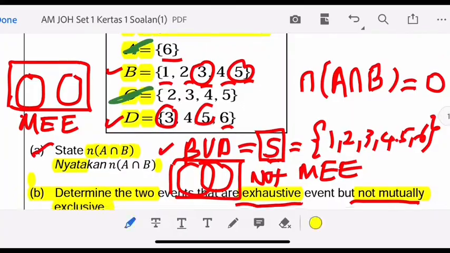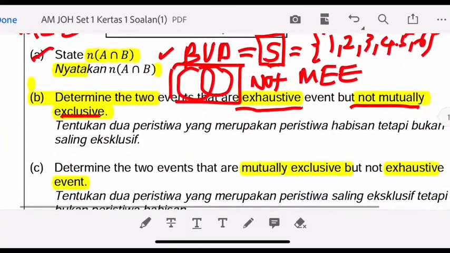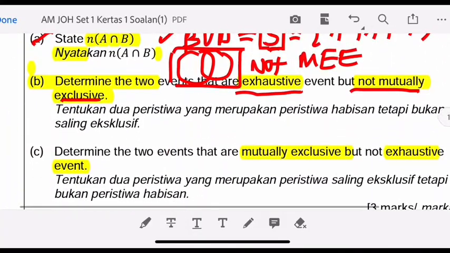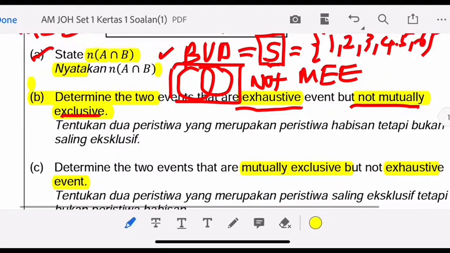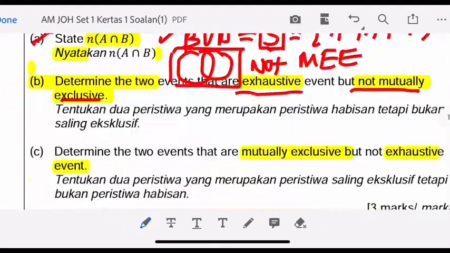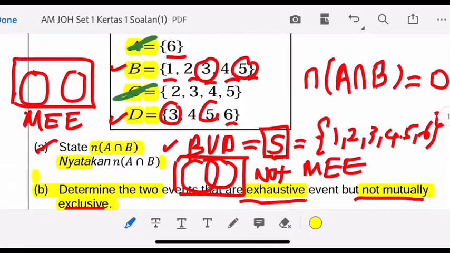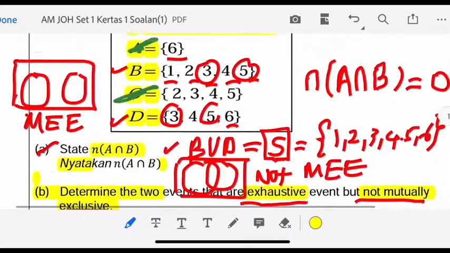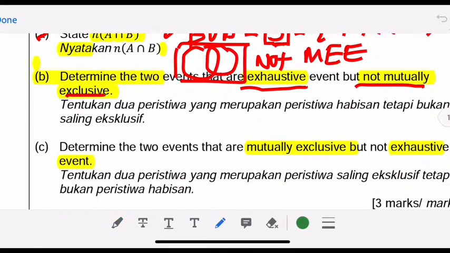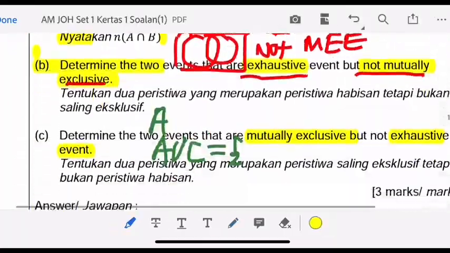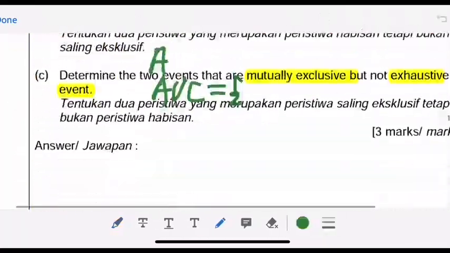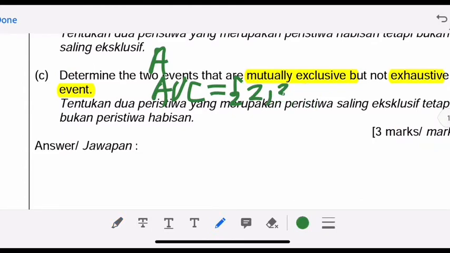A and C have no common elements, so they are mutually exclusive and not exhaustive, because when you union A and C, you won't get S. You get 2, 3, 4, 5, 6.